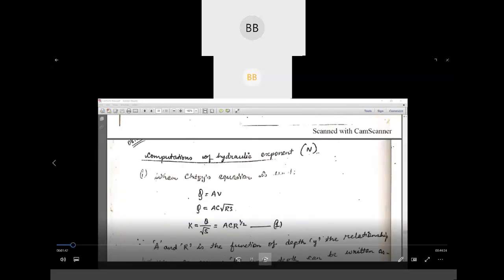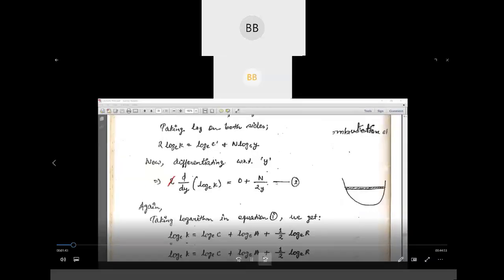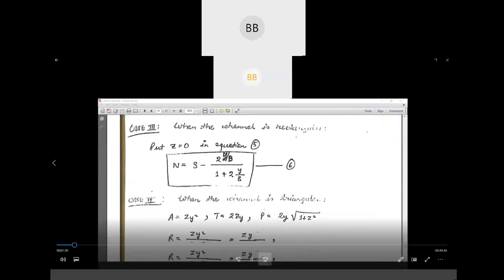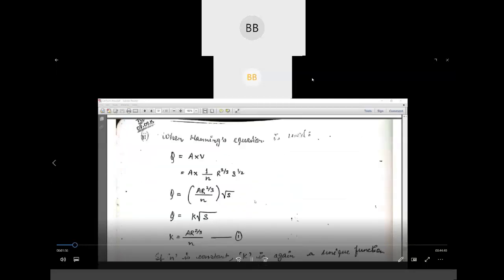Last class we used Sedgwick's equation, and today we are going to derive an expression for the same hydraulic exponent, that is your capital N, by using Manning's equation.